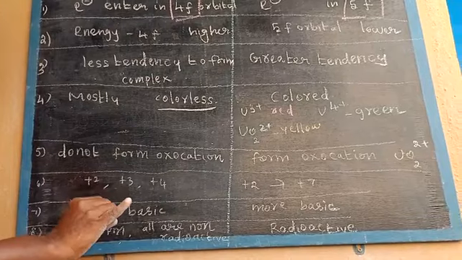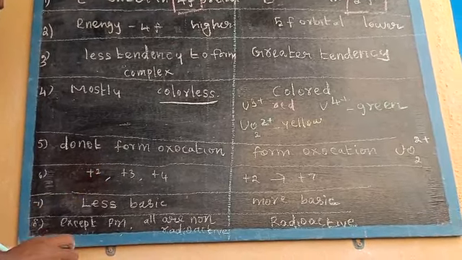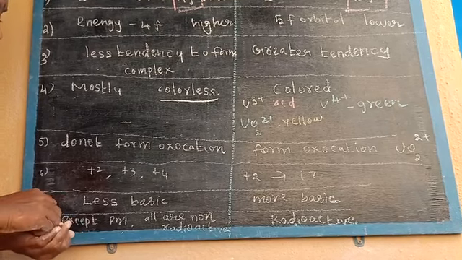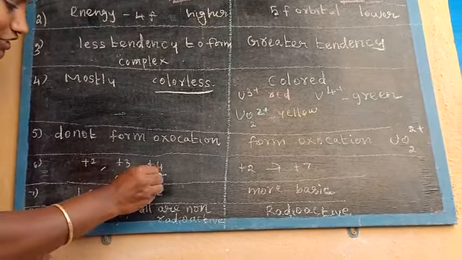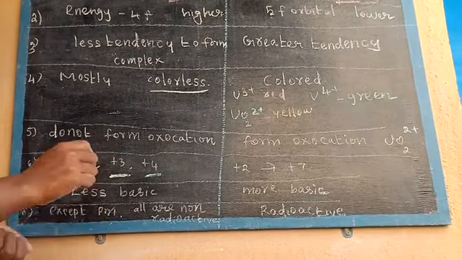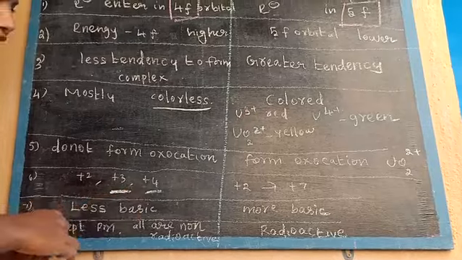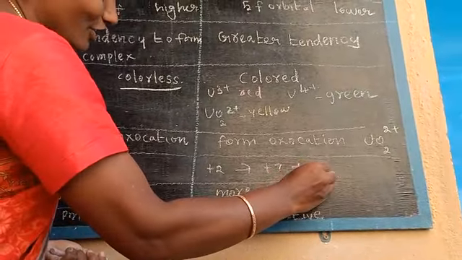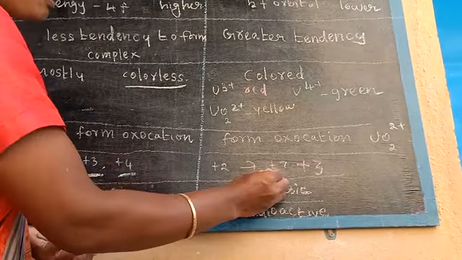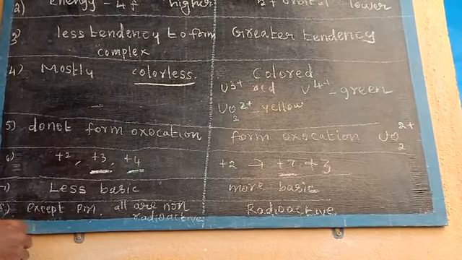Lanthanides exhibit +2, +3 and +4 states. The +3 state is the common one. The maximum oxidation state of lanthanides is +4. Here the common oxidation state for actinoids is +3. Okay, the maximum oxidation state is +7. This is a one word question area.